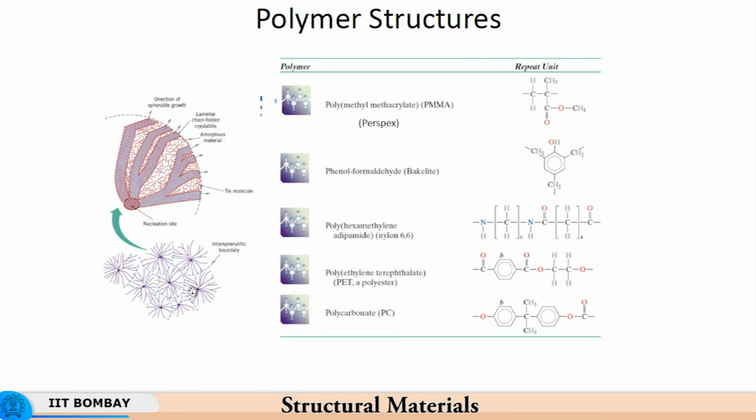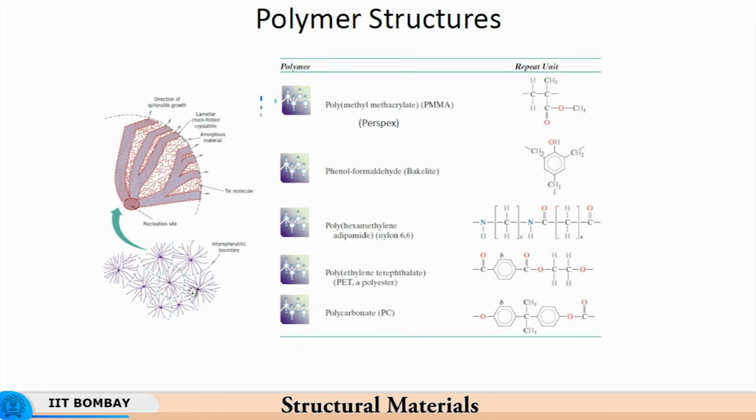lighter. We have phenol formaldehyde, which is called as bakelite. Now, this particular structure is a repeat structure involving a benzene ring, and bakelite can form cross-linked polymer. So, this can form cross-linked polymer on being converted to a thermosetting plastic.